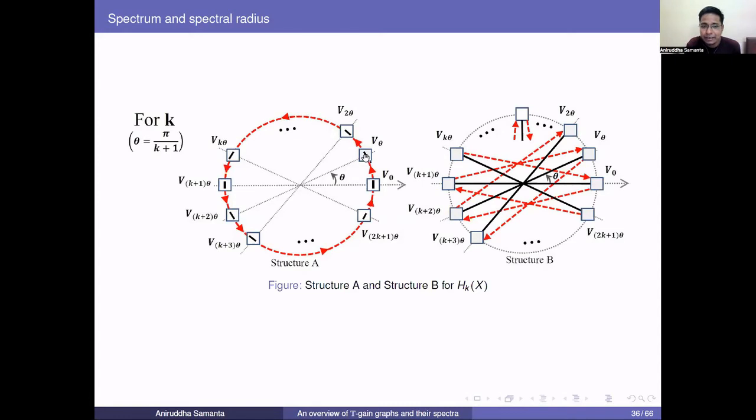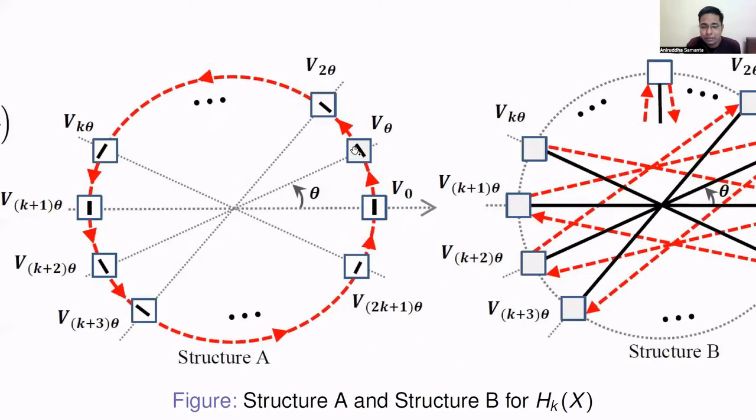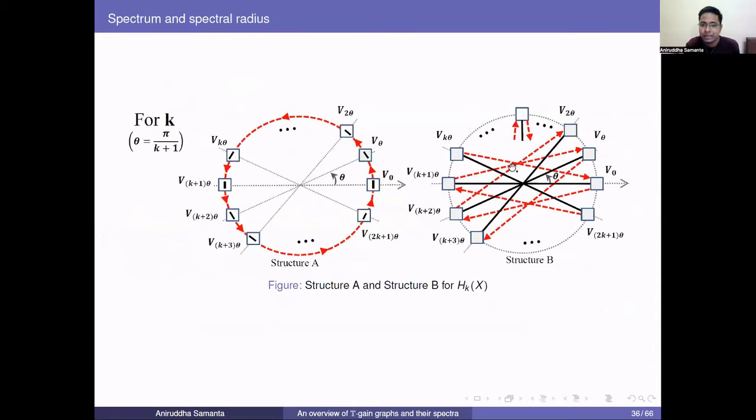And if, for example, a vertex from one part to another is connected, then they will be connected by a directed edge, with the direction in this way. Similarly for here also. Within this partition, we can see there is no edge between any two vertices, and so on.